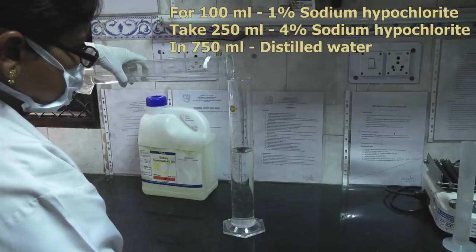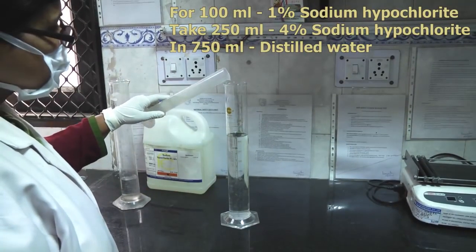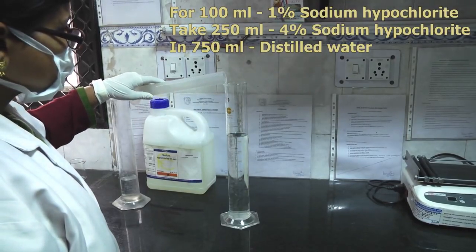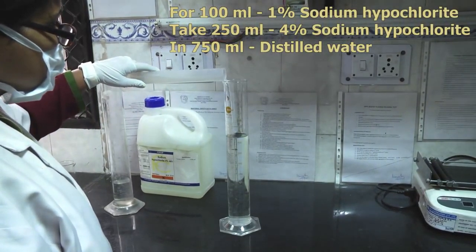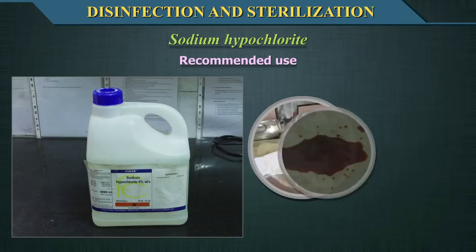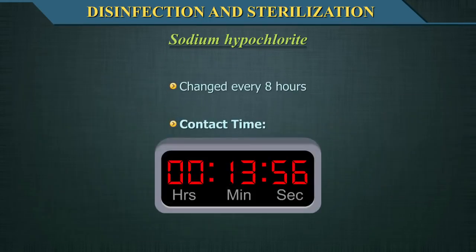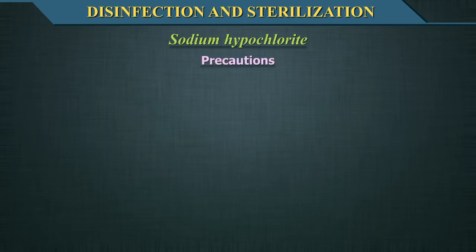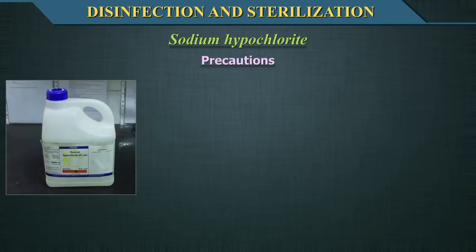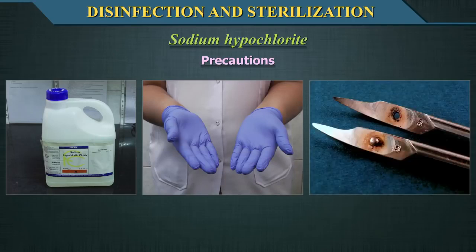For 1000 ml of 1% sodium hypochlorite, take 250 ml of 4% sodium hypochlorite and 750 ml of distilled water. Recommended use: disinfection of material contaminated with blood and body fluids, and spillage. To be changed every 8 hours. Contact time 15 to 30 minutes. Precautions: use in well-ventilated areas. Use protective clothing. Corrosive to metals.